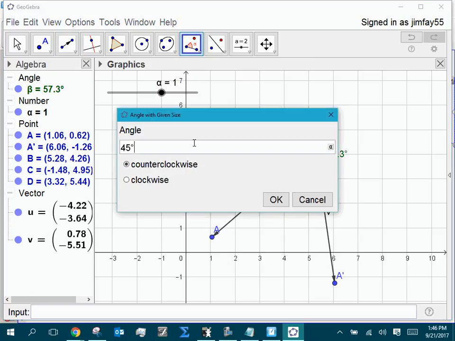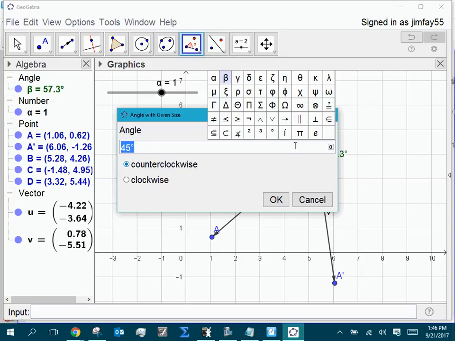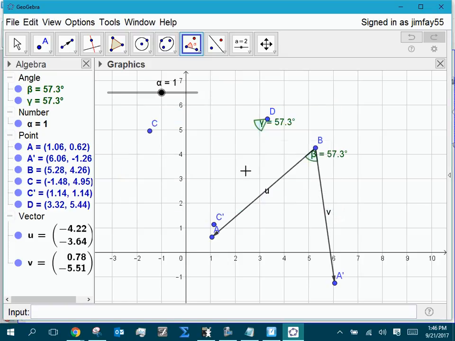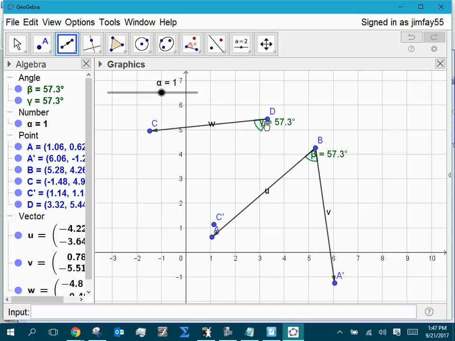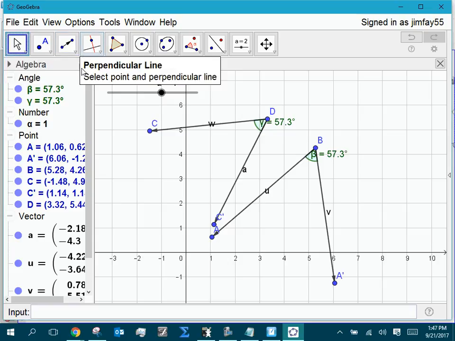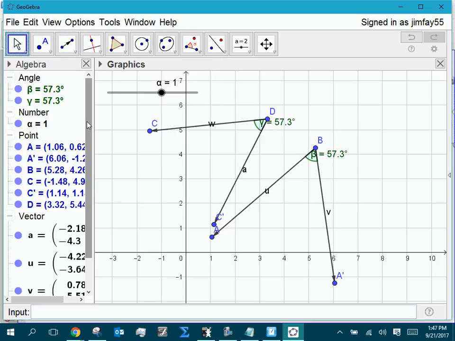Given size, let's use beta. Okay, hold on a second.